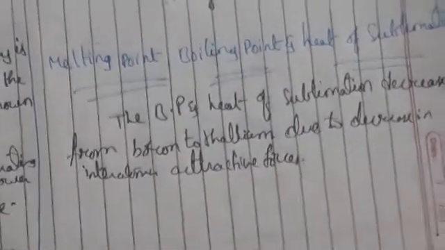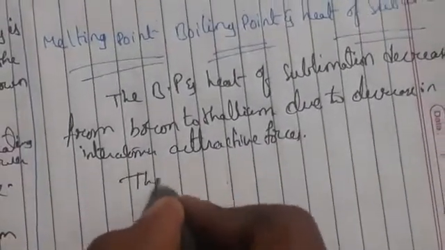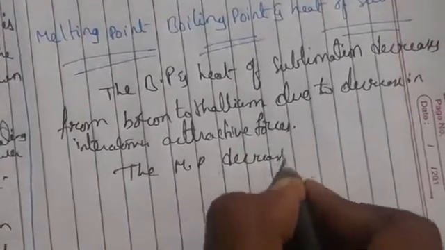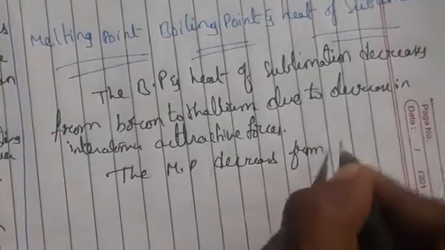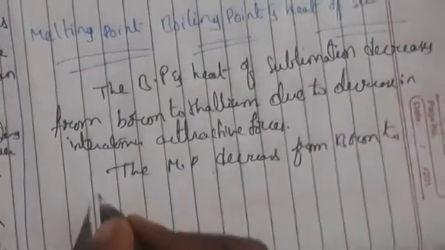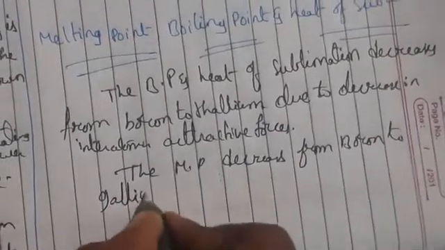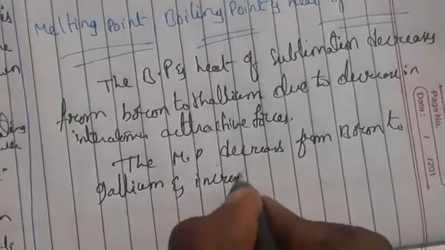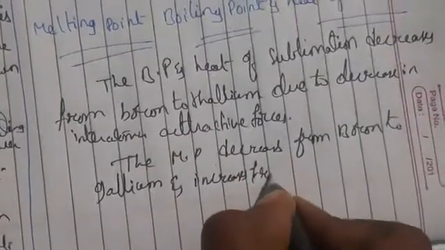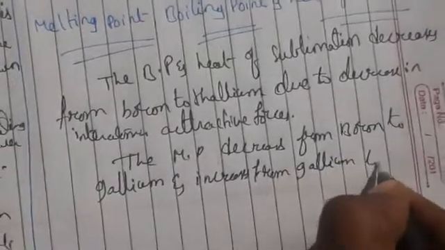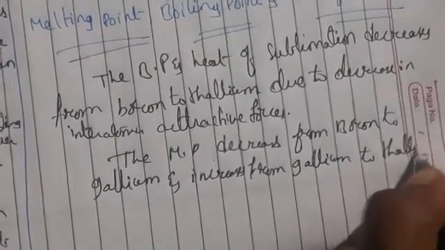Coming to the melting point, it decreases from boron to gallium and increases from gallium to thallium.